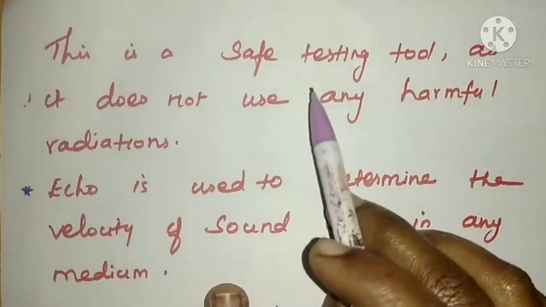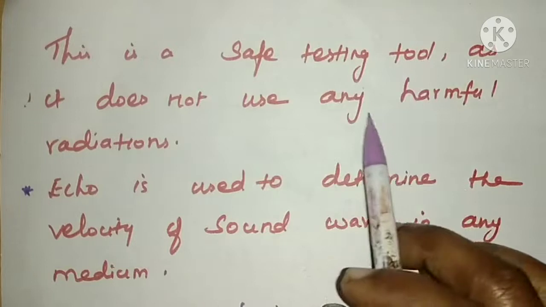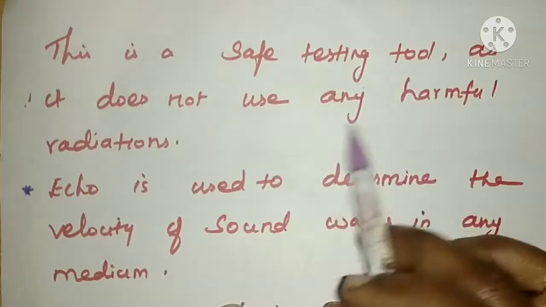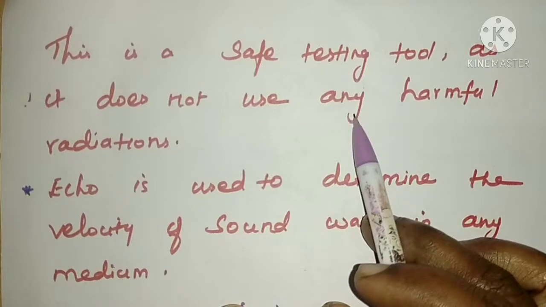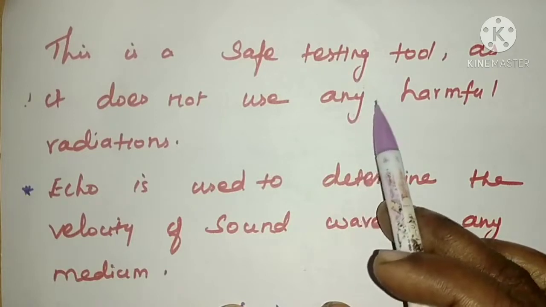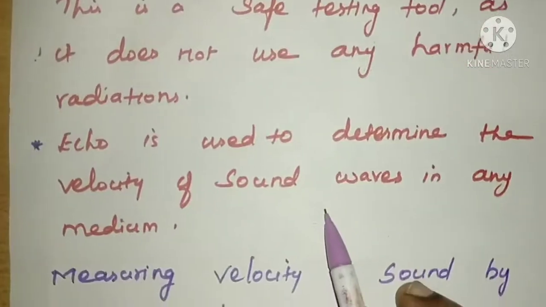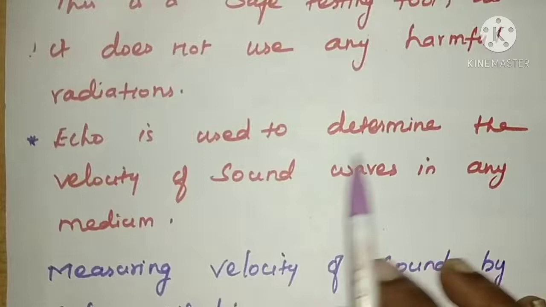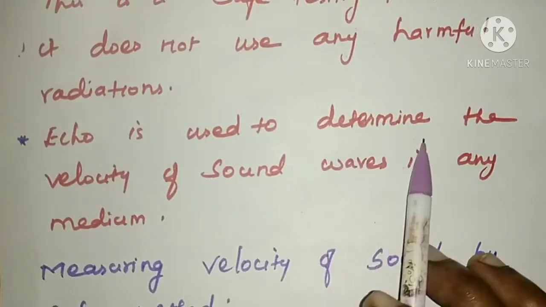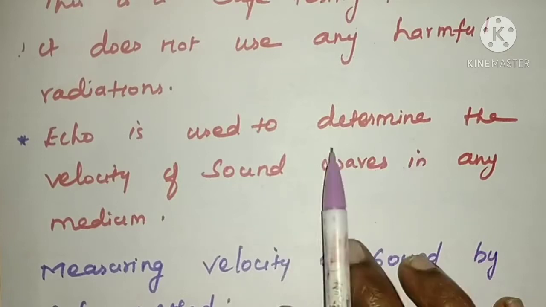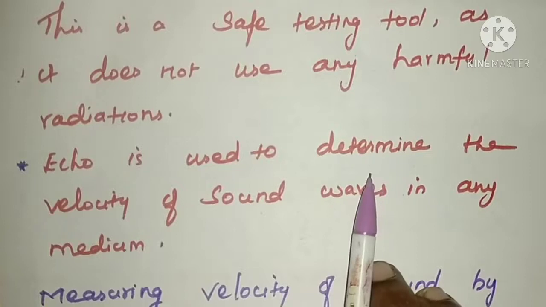This ultrasonography is a safe testing tool, so it does not have any harmful radiations. That is why they use it to check the condition of the developing embryo. And the last one is that echo is used to determine the velocity of sound waves in any medium. We can calculate the velocity of sound waves in any medium using the echo method.